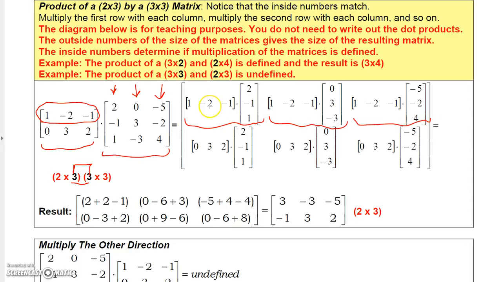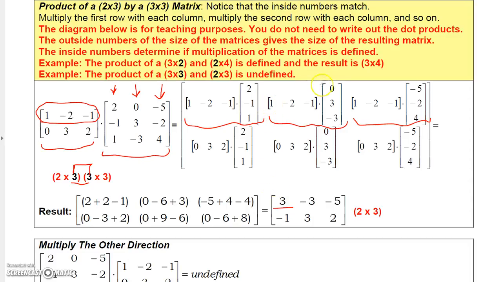And since you already know how to multiply a row by a column, I shouldn't really have to go through this too much, but you would say 1 times 2 plus negative 2 times negative 1 plus negative 1 times 1, and then add those up and you get 3.